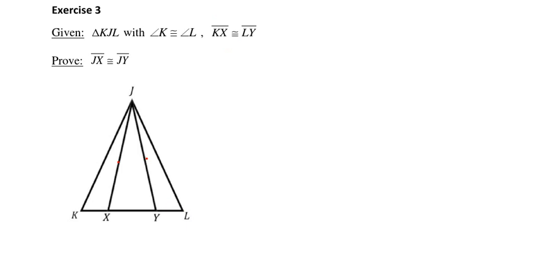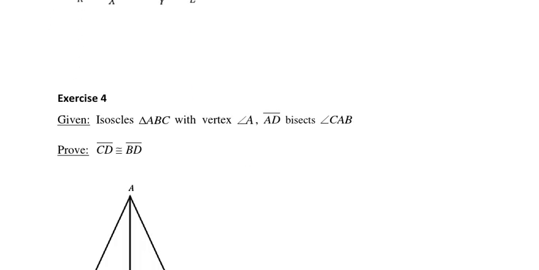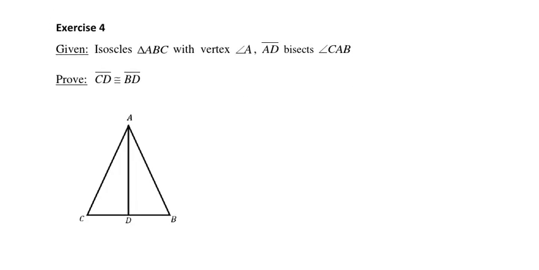In number 4, the givens are very similar to what we have seen before. Like this one, I think was proof number 1, and this one proof number 2. So you can use this, and your job here is going to be to prove that CD is congruent to segment BD, the same thing as with the angles.